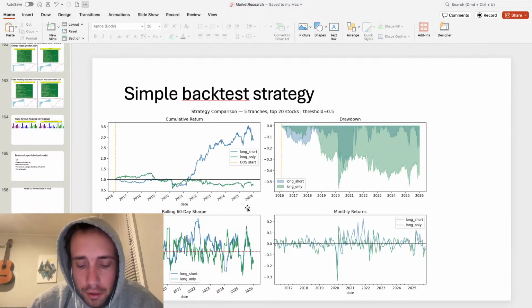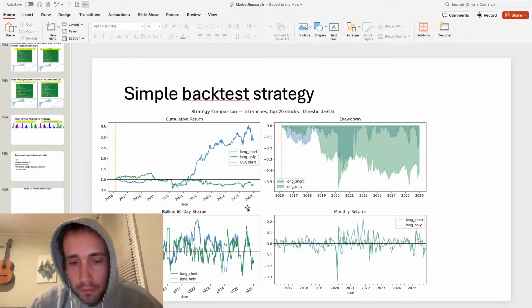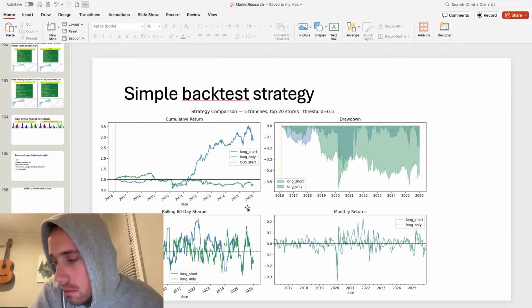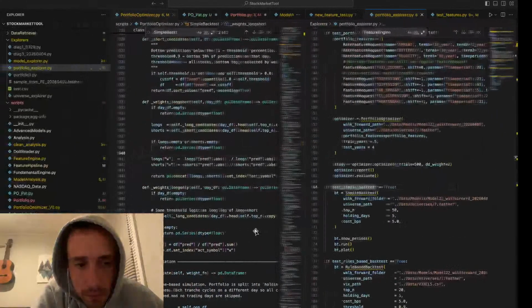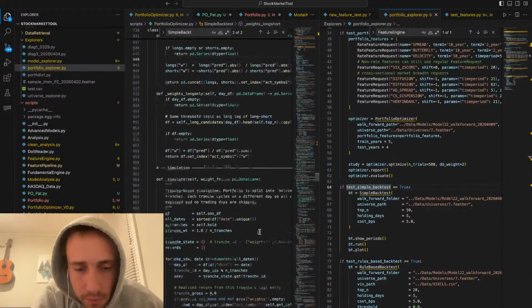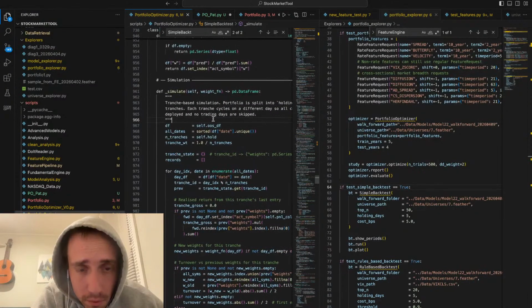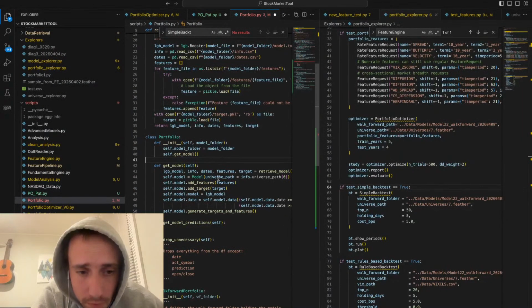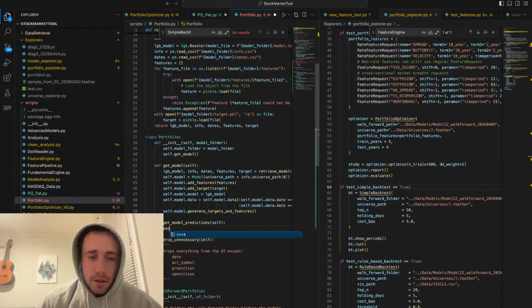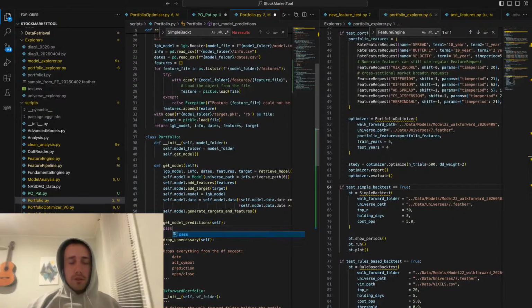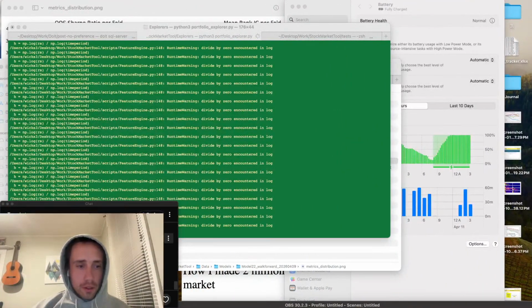The search isn't working. So I need to understand more really about portfolio construction. So I'm not going to worry about the long short strategy.